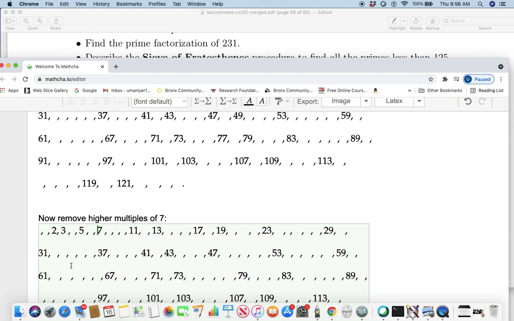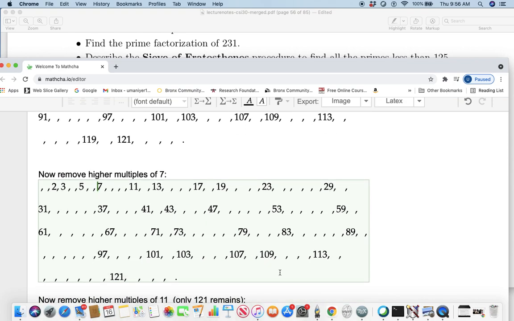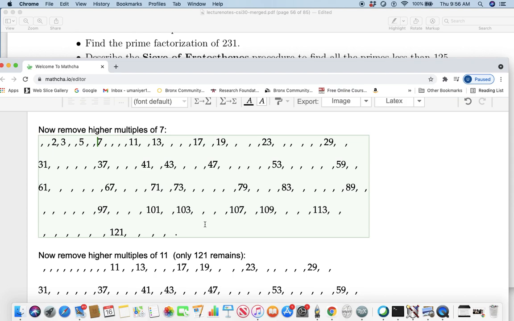That's the point. Keep the first multiple, that is 2 times 1, 3 times 1, 5 times 1, 7 times 1, but remove the higher multiples. Okay, after 7, keep 11 and the higher multiples.